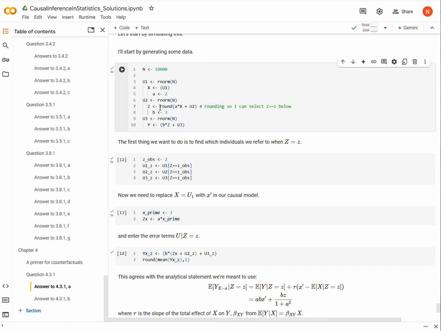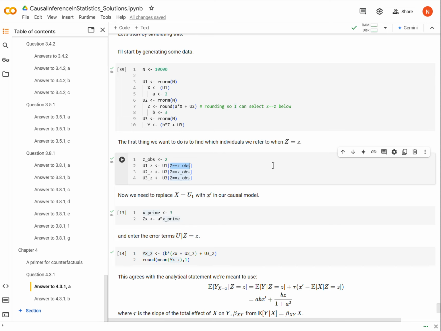Notice I put a little note here, but I'm rounding my values for Z. This might raise a couple of eyebrows, but the reason we need to do this for the sake of simulation is that later we're going to select values for which Z equals little z, and if Z is a continuous variable, then there are infinite possible values that it could take on, bounded by the precision of a computer.